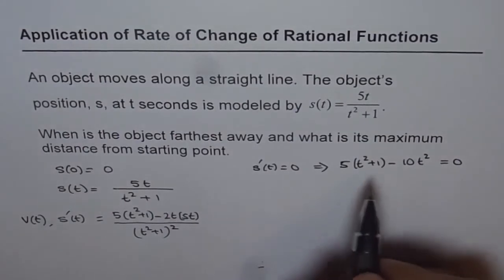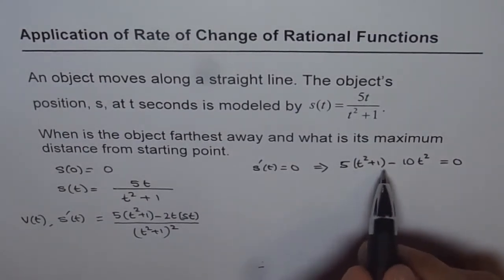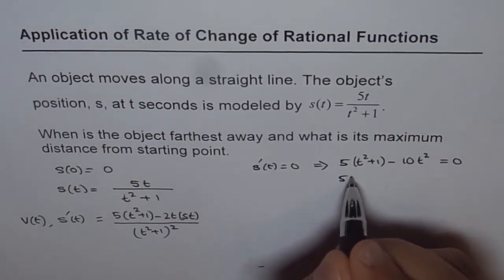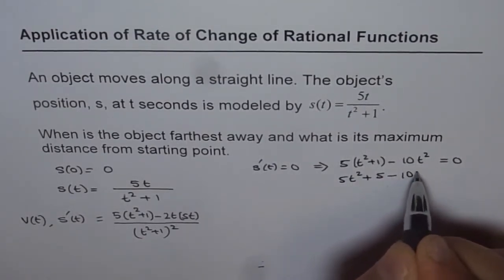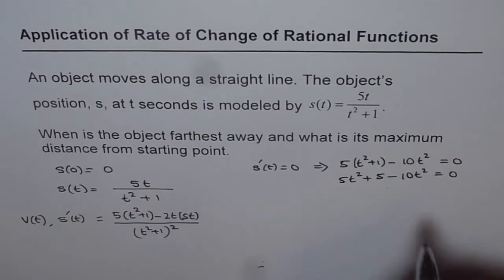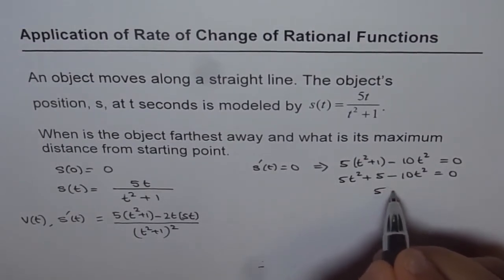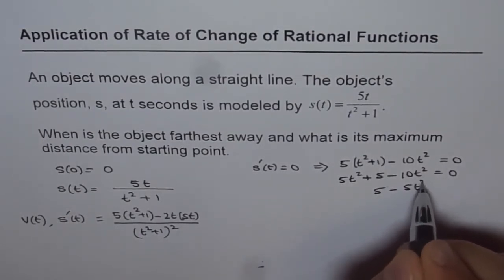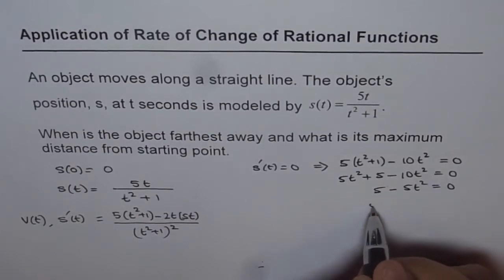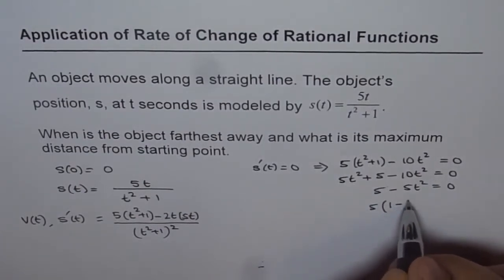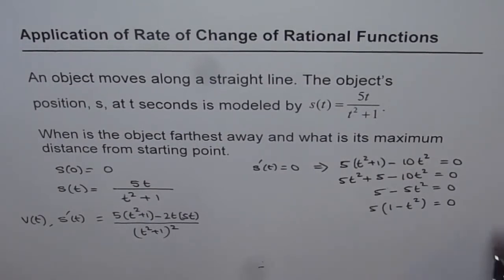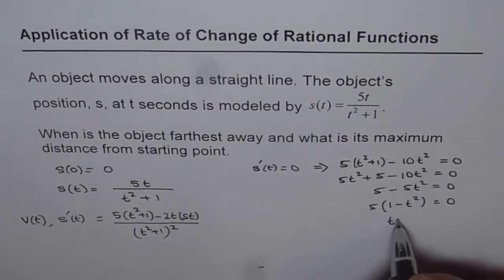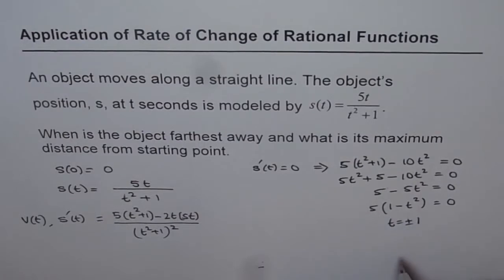Solving this equation, we get 5t squared plus 5 minus 10t squared equals 0, or 5 minus 5t squared equals 0. So 5 is common. We get 1 minus t squared equals 0. That gives us two values of t, t equals plus or minus 1, right?